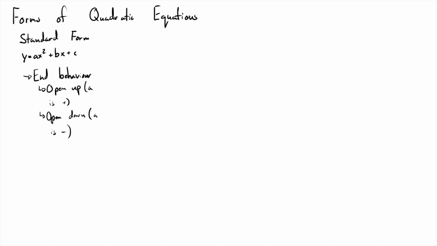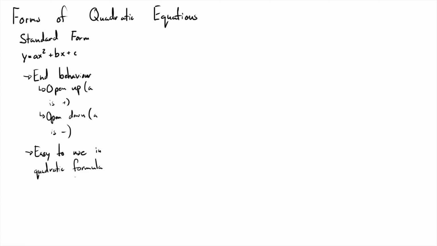Okay, and the other thing that this is going to tell us is it's going to make it really easy to use in our quadratic, not equation, but formula. The quadratic formula is something that we're going to learn about a little bit later, and it's going to help us find certain properties of a quadratic equation mathematically.